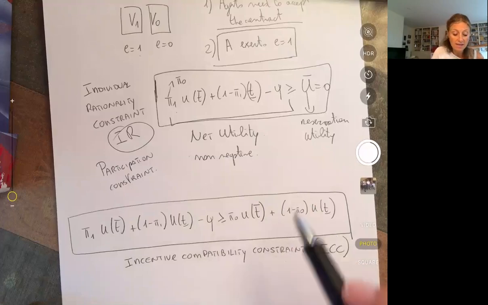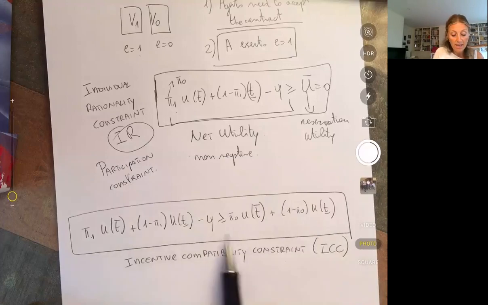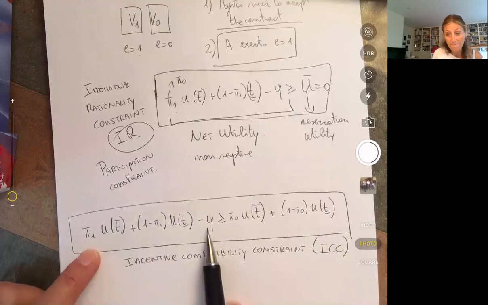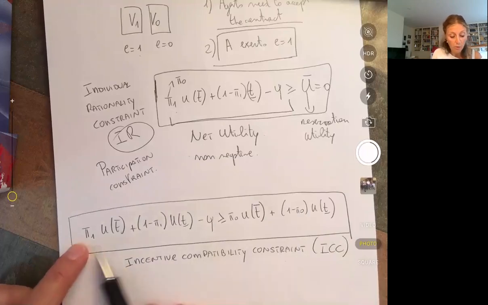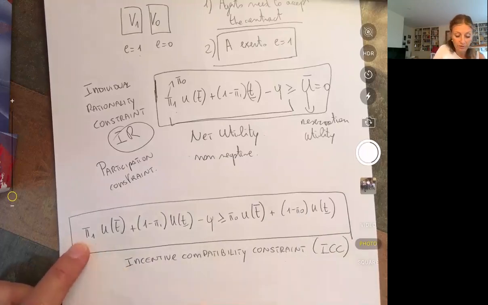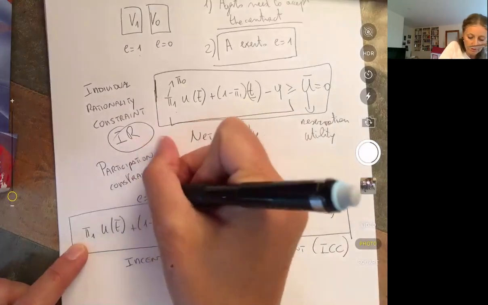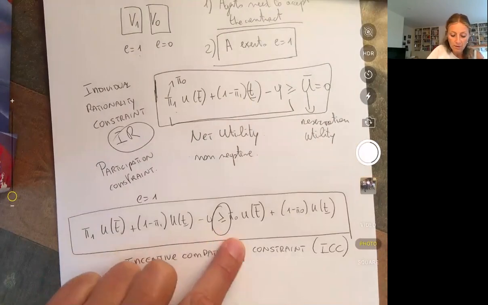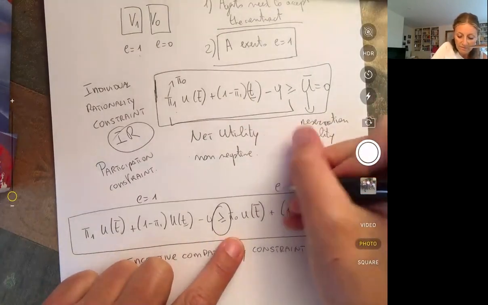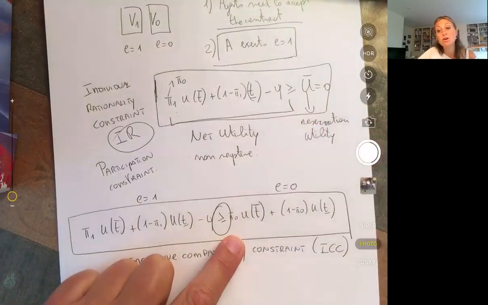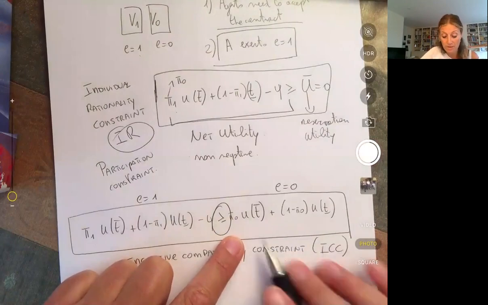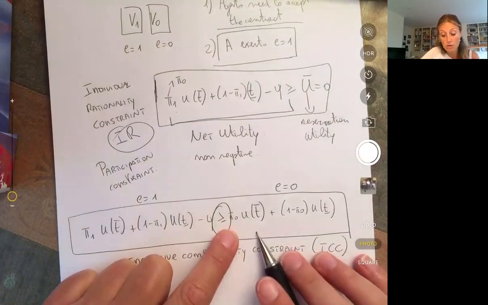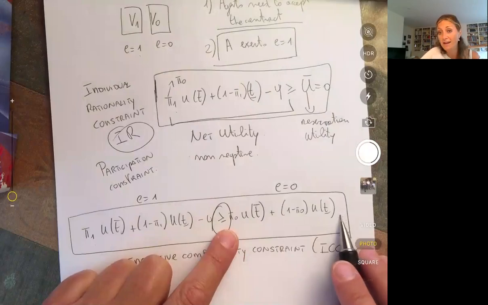And why is that? Because the net utility that he received minus the cost of effort when he exerts the high level of effort, E equal to 1, is actually no smaller than the one that he received when he exerts the low level of effort. And of course, there's no effort cost here because the effort in this case is 0, so we do not have to subtract any cost.